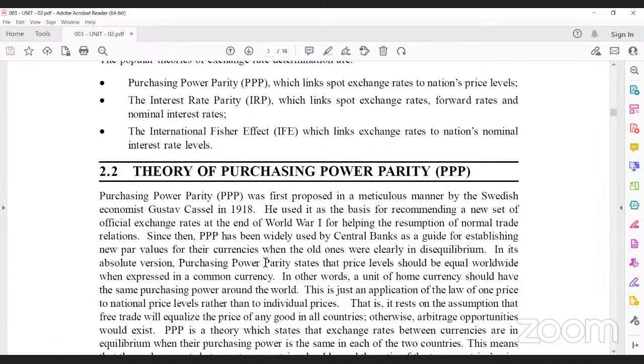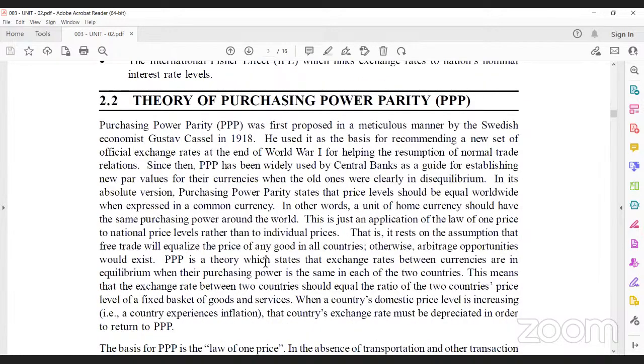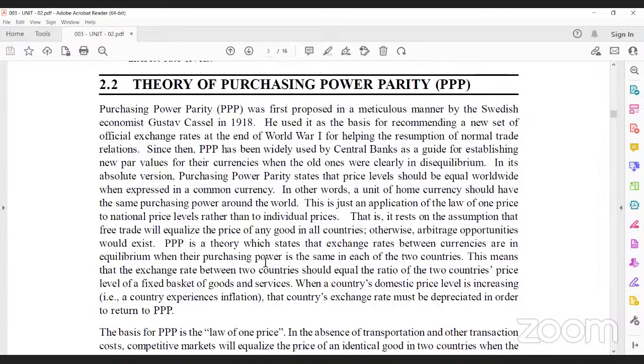Now let's see in detail about PPP, that is purchasing power parity, which was proposed by a Swedish economist, Gustav Cassel, in the year 1918. Purchasing power parity states that price levels should be equal worldwide when they are expressed in a common currency.